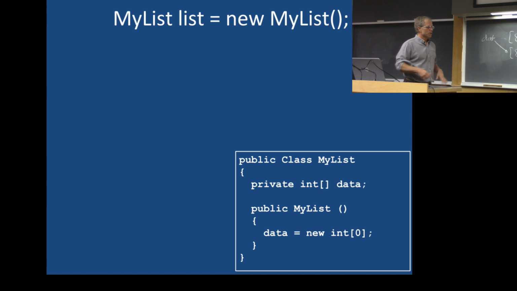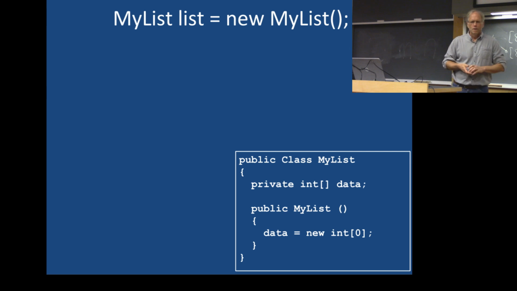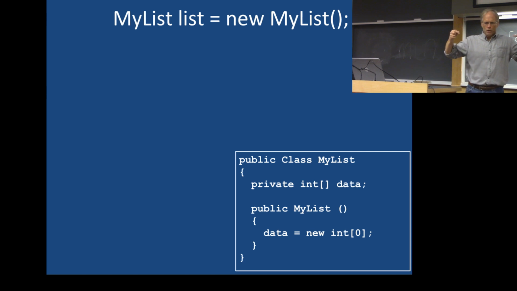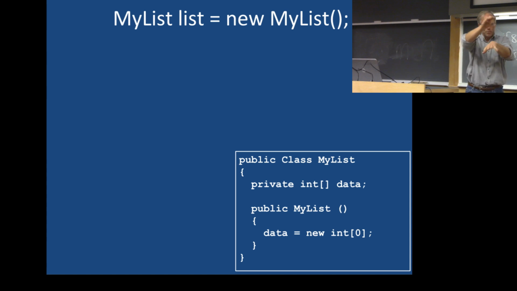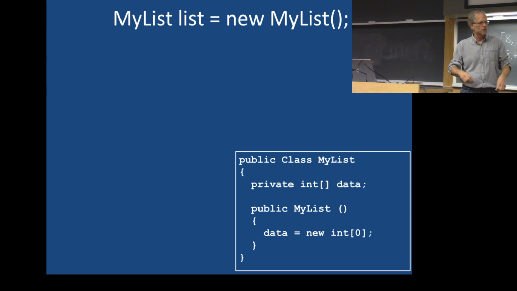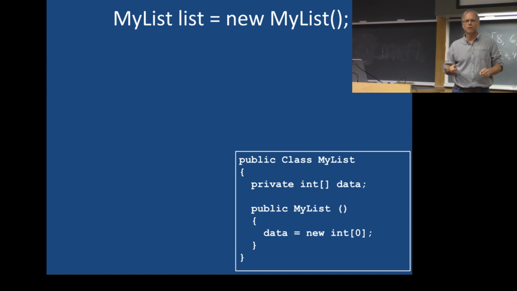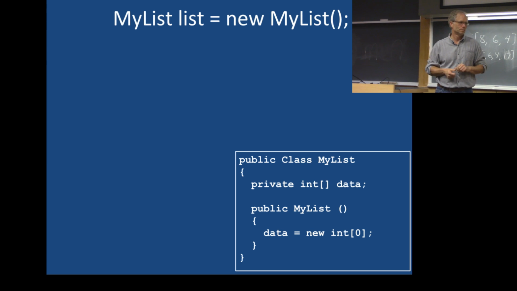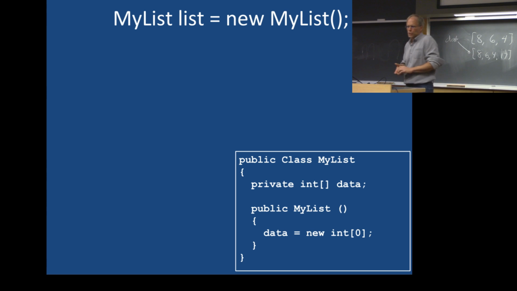And my strategy is this. The more ways you have of looking at something, the better chance you have of understanding it. So we've been looking at the problem of implementing array lists sort of from an abstract viewpoint. You've just got to somehow conjure up a representation and some code in the methods that makes the thing behave like a list, even though it's really an array. This is another way of looking at it.